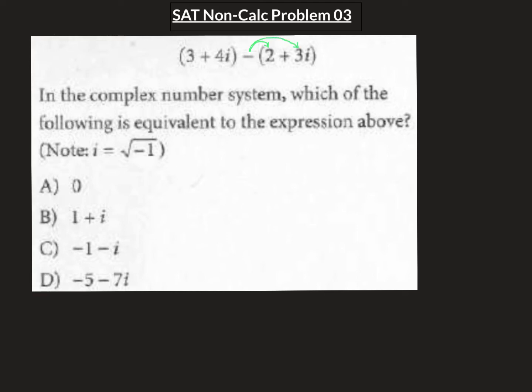So your new expression becomes 3 + 4i + (-2) - 3i, so we'll just get rid of this plus here: 3 + 4i - 2 - 3i. Then we add like terms: 3 - 2 plus 4i - 3i. Then we get 1 + i. And 1 + i is our final answer, so it's B.